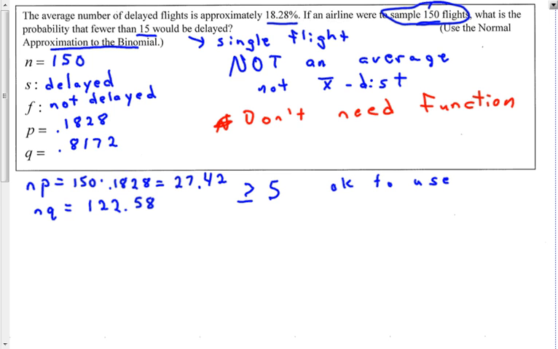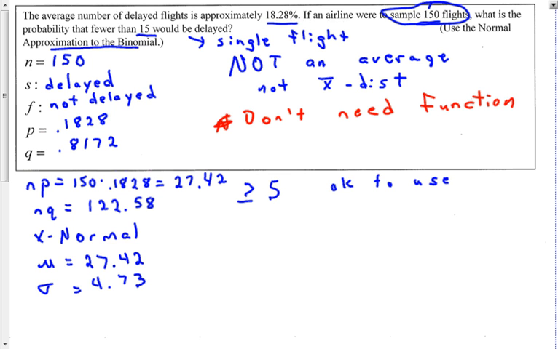And the mean, when we go to the X normal concept, the mean is already calculated NP, 27.42, and the standard deviation is square root of NPQ, which is 4.73.